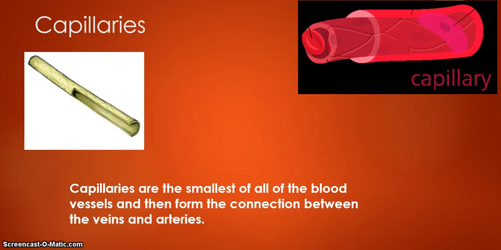They are specially designed to allow movement of substances, mainly gases, oxygen and carbon dioxide, into and out of the capillary. The structure of the capillaries has a thin wall which allows substances to move through the wall with ease.